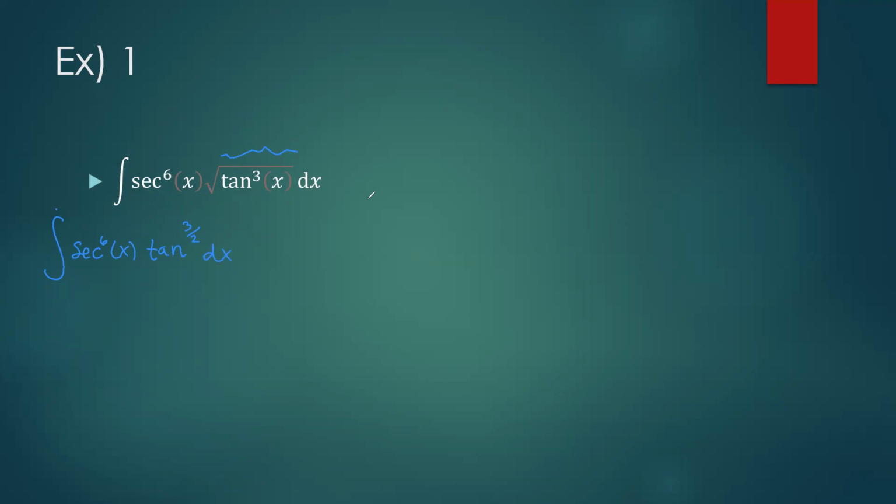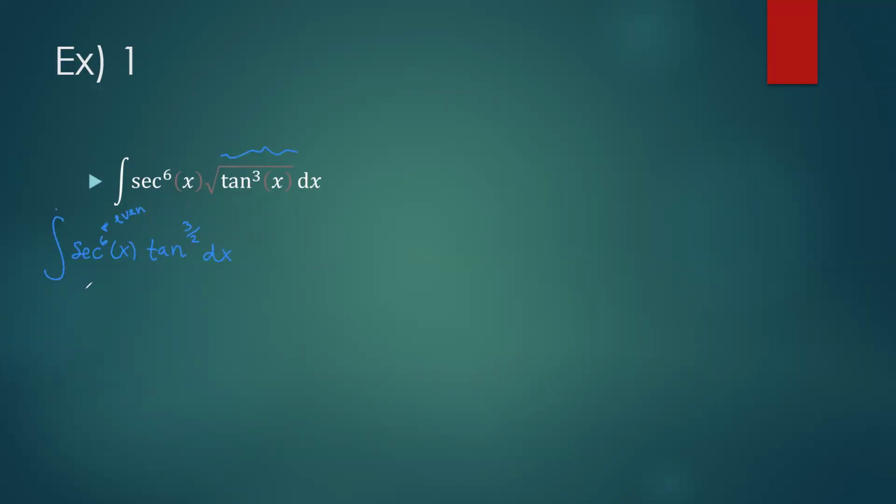Then what you would do is factor out, because secant is even, a secant squared x, right? Because they said that if it's even, you take out a secant squared x and leave it next to the dx.